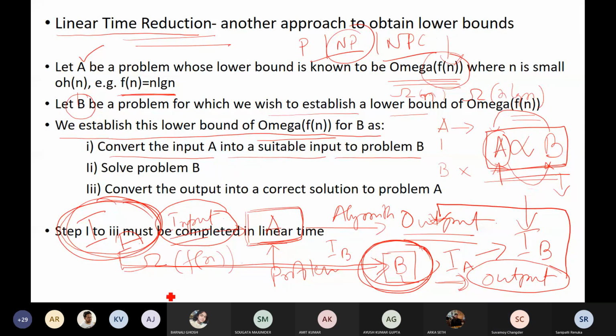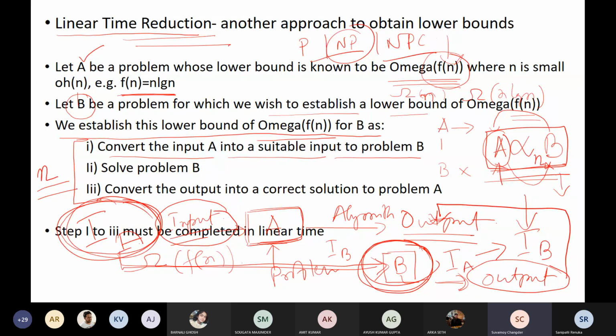Now if all these three steps can be executed in linear time, which is a function of n, then we say that this reduction is a linear time reduction.